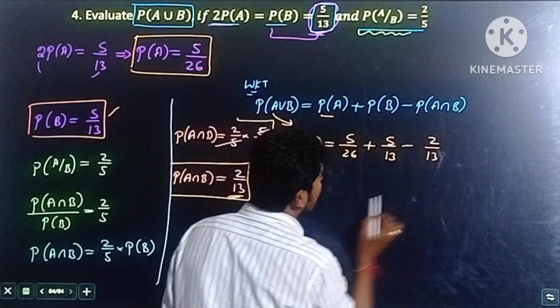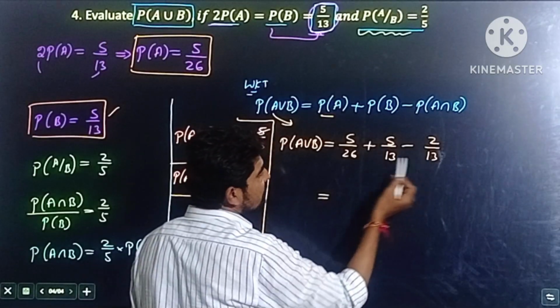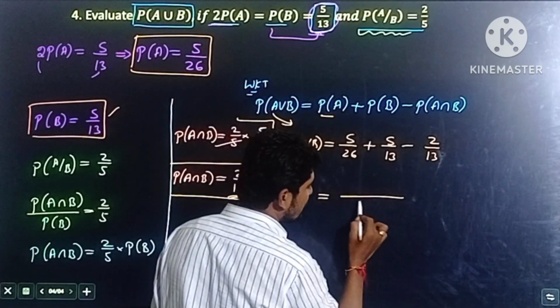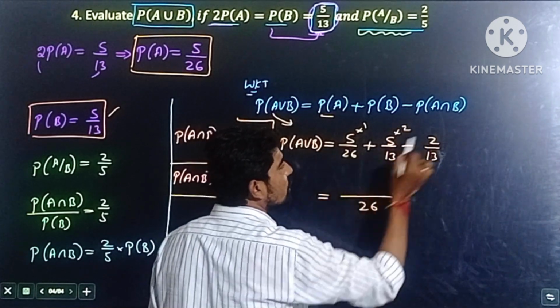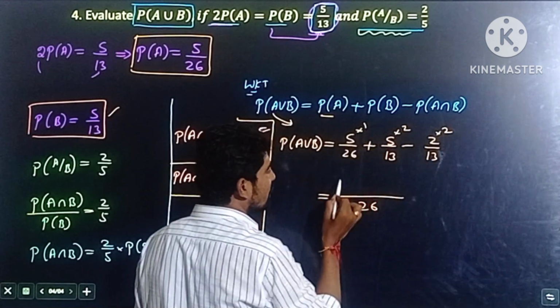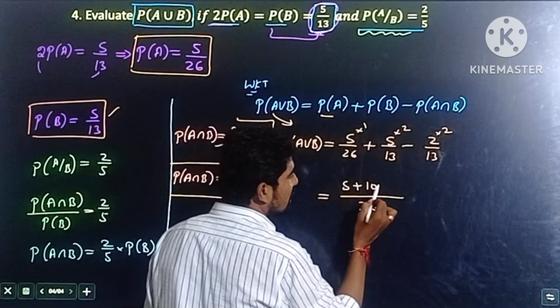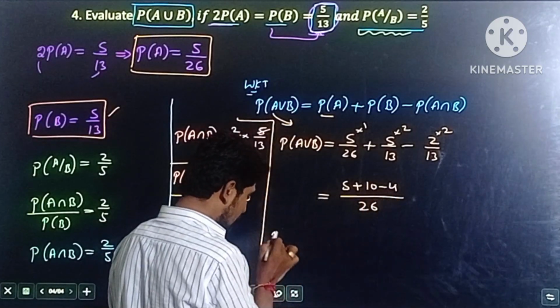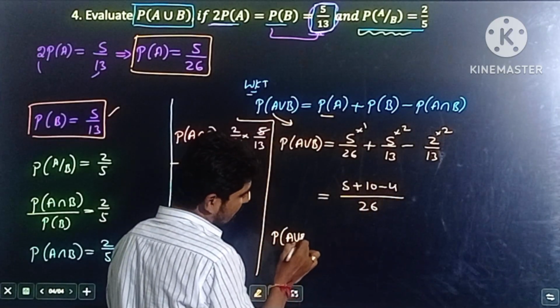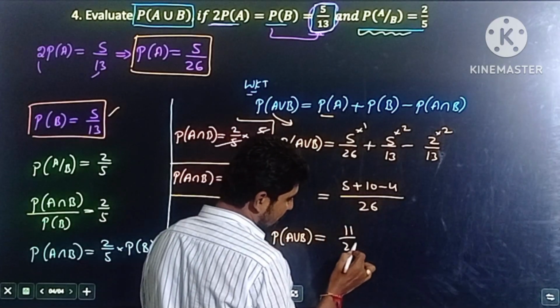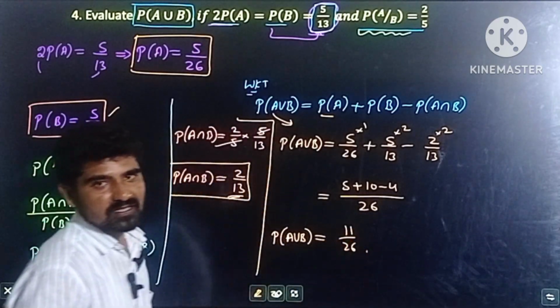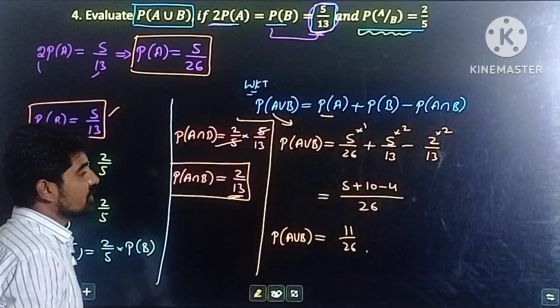LCM of 13 and 26 is 26. So here multiply by 1, here multiply by 2, here multiply by 2. So 5 plus 10 minus 4. Hence required probability of A union B is equal to 15 minus 4 is 11 divided by 26, which is the required answer. I hope all of you understood this question.